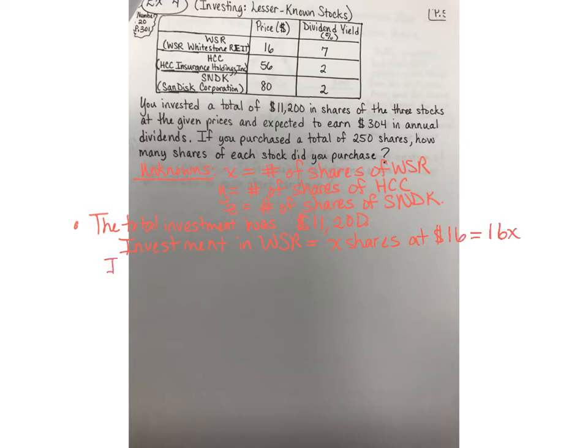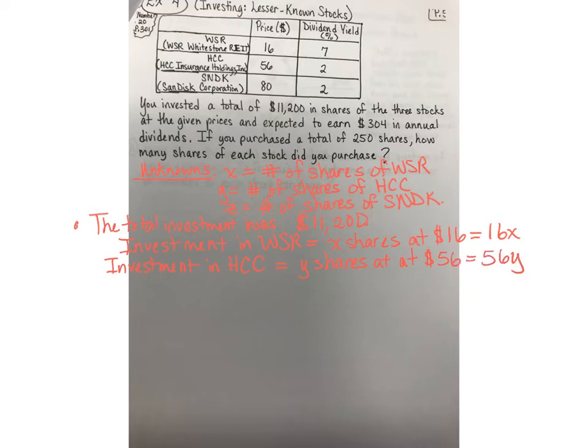The investment in HCC is equal to Y shares at how much? If we look back up at our table, we find HCC and we look at the price, it was $56. So we're going to write at $56, which means that's 56Y.